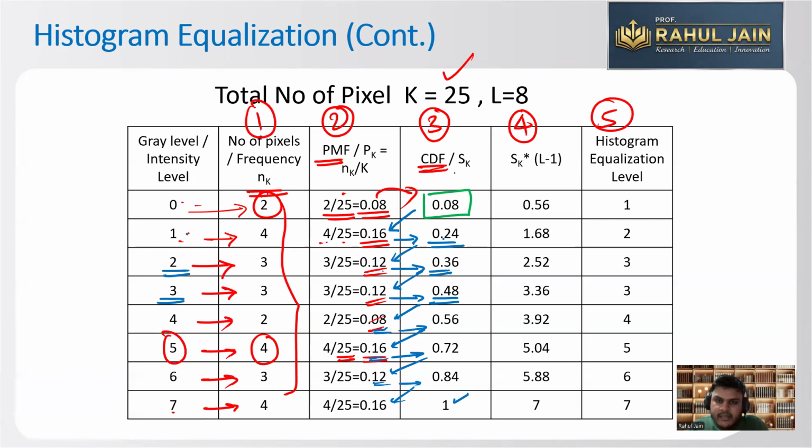Now step number 4. Whatever CDF values we have, we have to multiply with L minus 1. The total number of levels is 8, so L minus 1 will be 7.